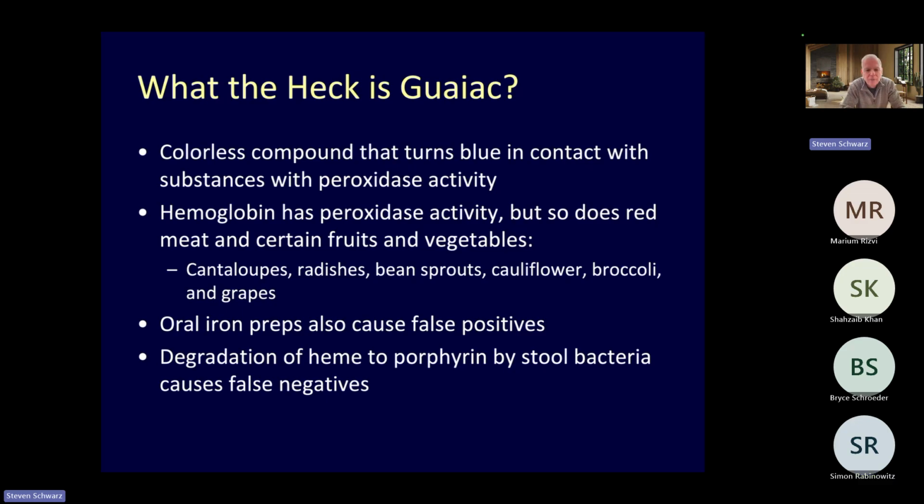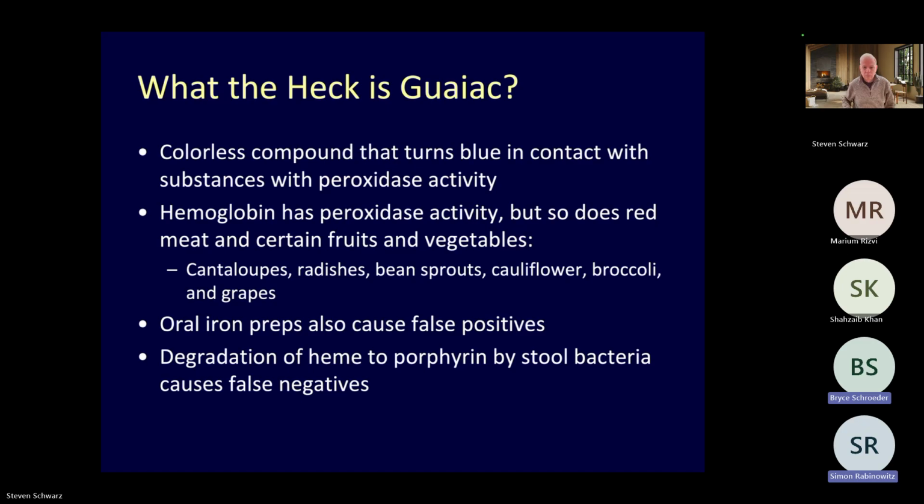They're shown here, and they can give you a false positive, as can oral iron preparations. False negatives, if the bleeding is slow enough and it's in the colon long enough, heme can be degraded to porphyrin by stool bacteria, and that can give you a false negative. So again, this becomes important only when you can visually identify the blood.